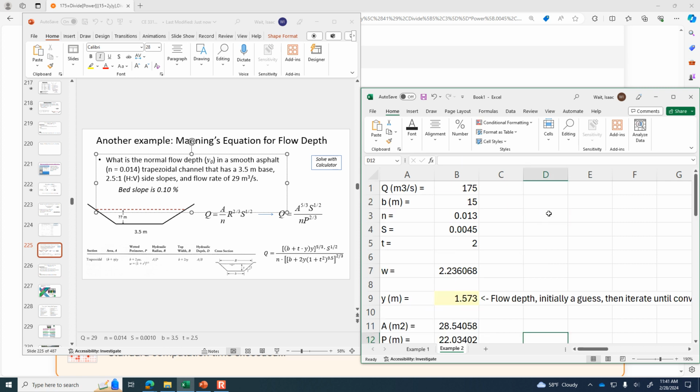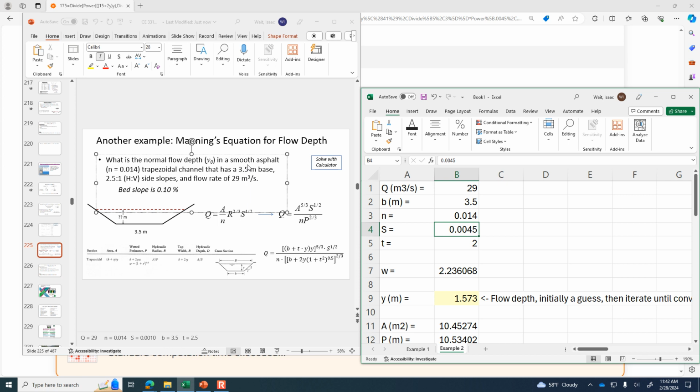So let's update this one for SI units. It is 29 cubic meters per second. Looks like from the figure, the bottom width is 3.5 meters. The Manning's n value is for a smooth asphalt, which they're rating at 0.014.